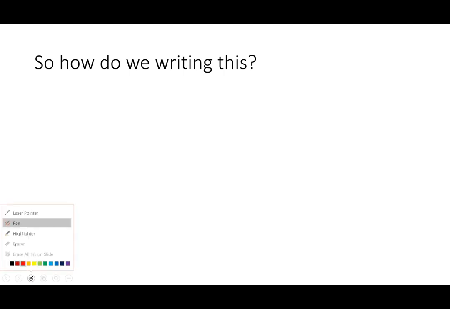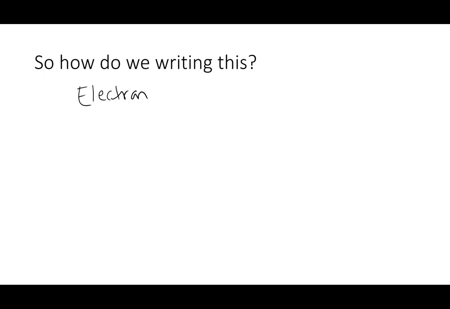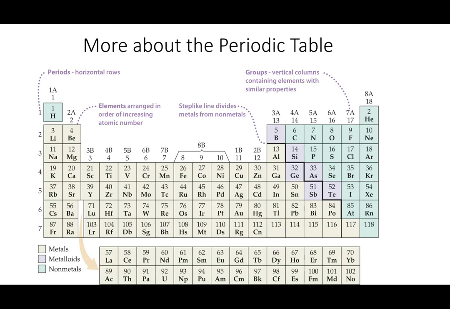What we're going to do now is the electron arrangement for, let's start simple, helium. Clicking back to our periodic table, I see that helium has 2 protons, or 2 electrons.